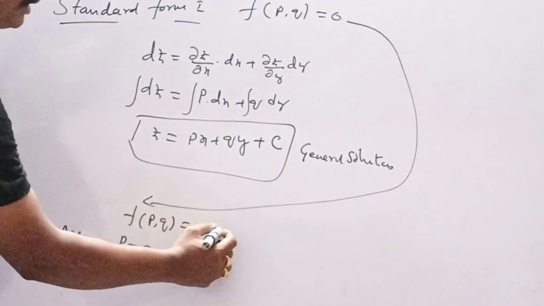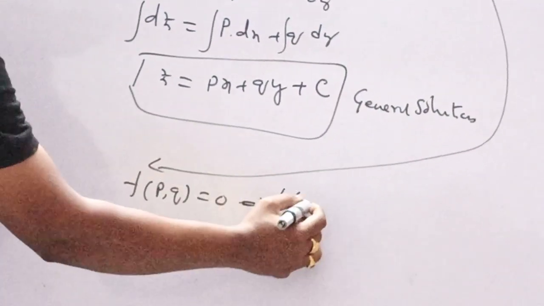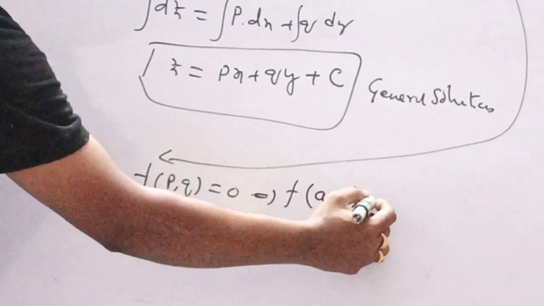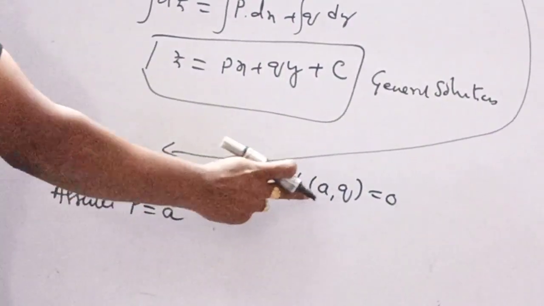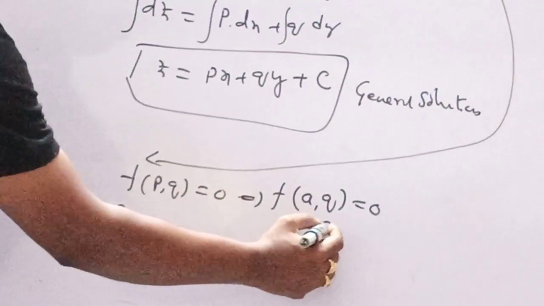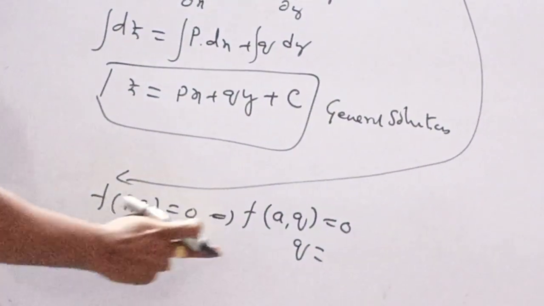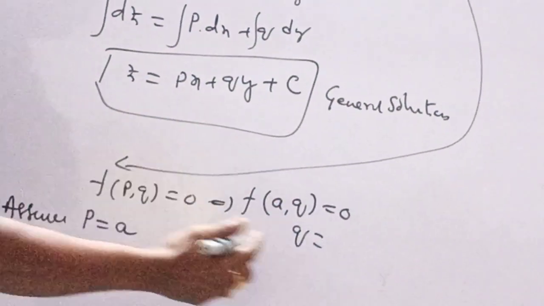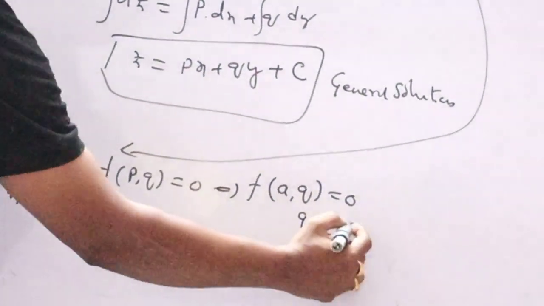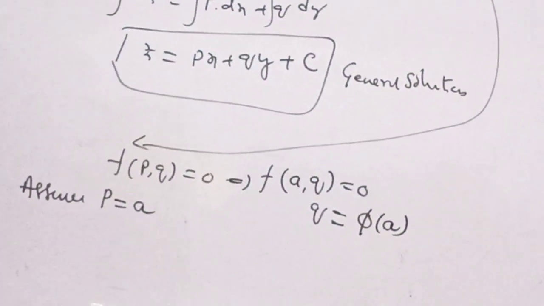Then this equation becomes f(a, q) = 0, a function of a and q. From this equation you find q, so q in terms of a is some function phi of a: q = phi(a).